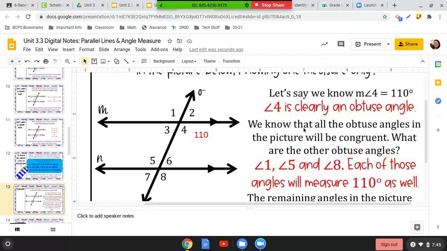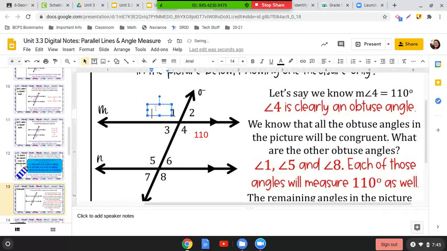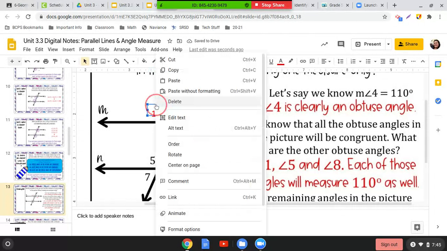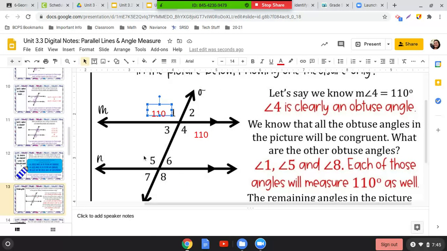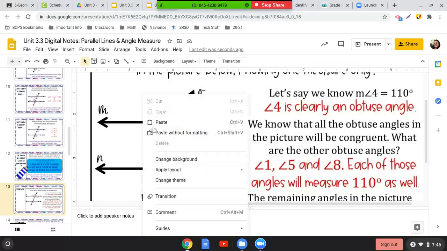So we know that all of the obtuse angles in this picture will be congruent. So you know what we can do? We can go in and make them all congruent. So this angle is going to be 110 degrees.